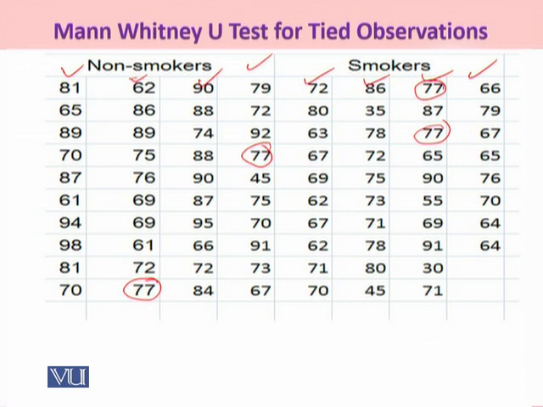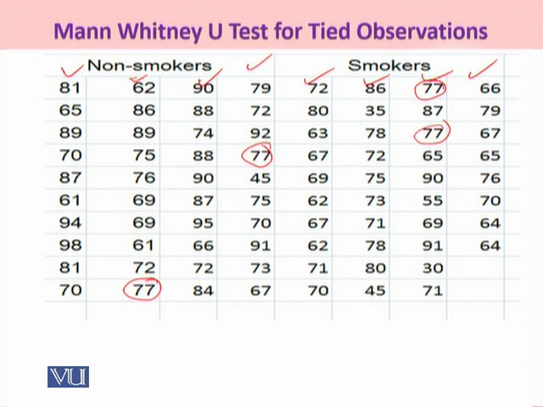Now here you would have to consider that if there are a small number of ties across the sample, then we may not use the Mann Whitney formula corrected for ties. But if there are more ties across the sample, we need to take up that formula.